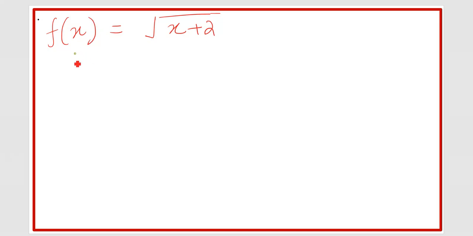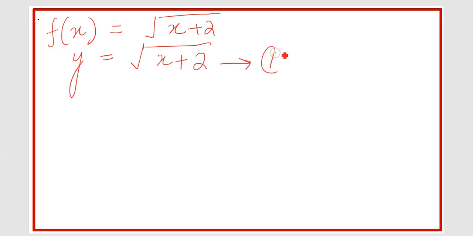So first of all, you have to assume this function y, that y is equal to square root of x plus 2, and this is our equation number 1. So step 1, in step 1 what you have to do, you have to take increment on both sides of the equation.